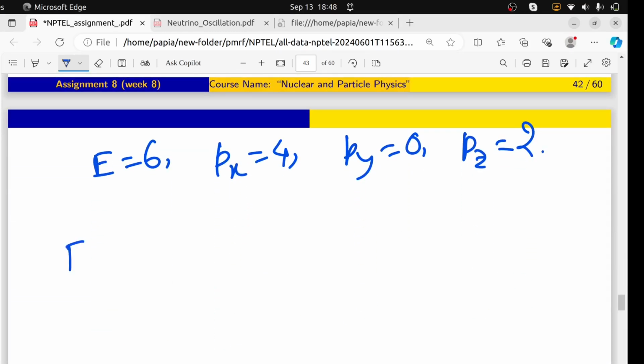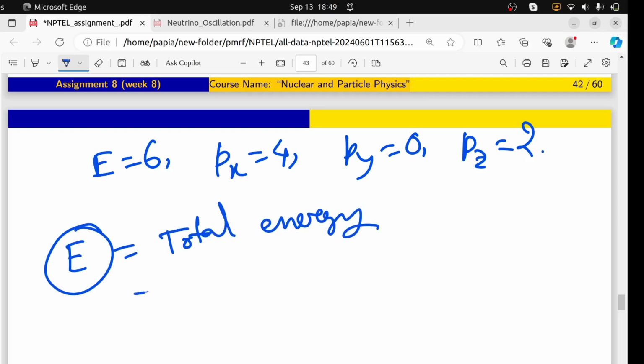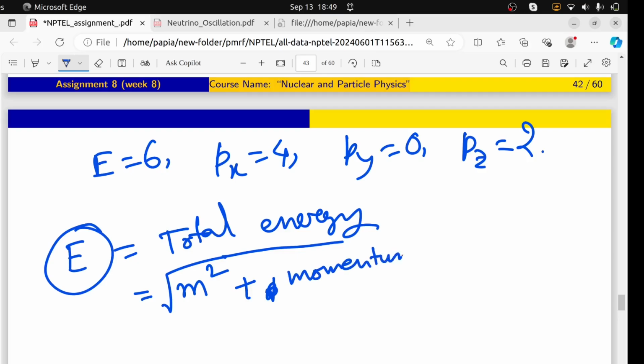Now E is what? E is total energy, which is the sum of rest mass energy and momentum terms, like in kinematics. So you can see that our total energy is nothing but E, and it is already given there.